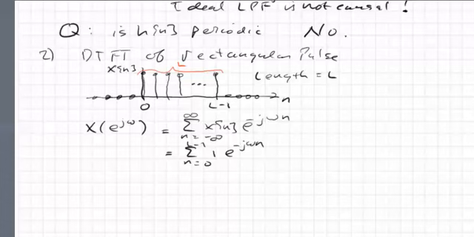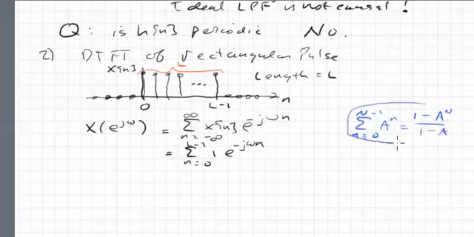Now, what we're going to do is use this identity we've used over and over again: if we have a sum from 0 up to some N minus 1 of some constant a raised to the n power, we can write this in a closed form solution as 1 minus a to the N over 1 minus a. There are different variations on it, but we use this a lot.